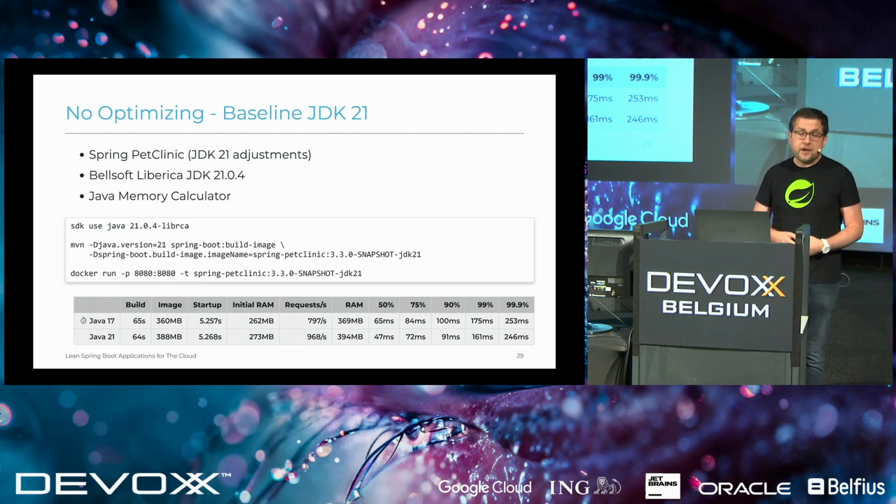We have an image size which is slightly bigger, but startup time is around the same, and the initial RAM is 270 megabytes. We get more throughput on the application just by upgrading to Java 21. We have almost 390 megabytes of RAM used after the throughput. And then you see the response times also get better.